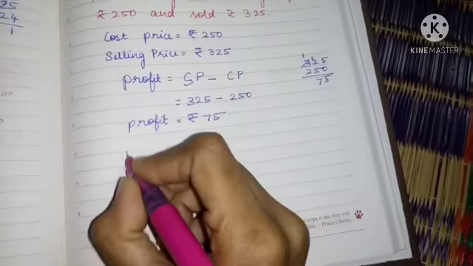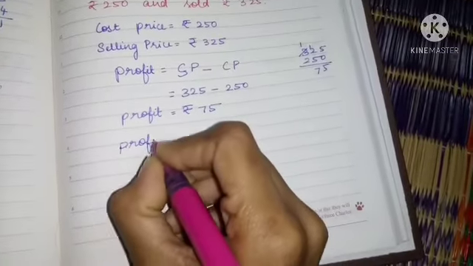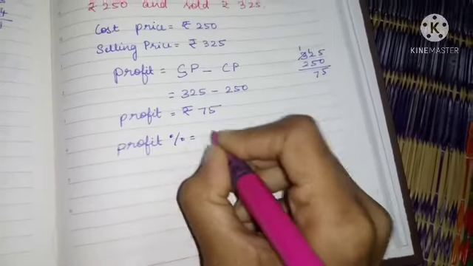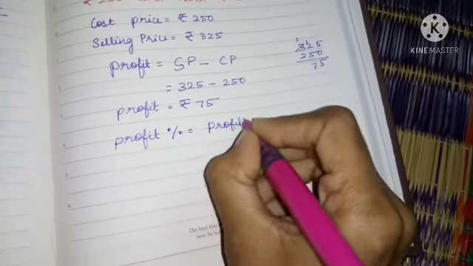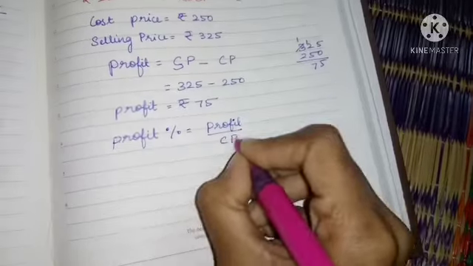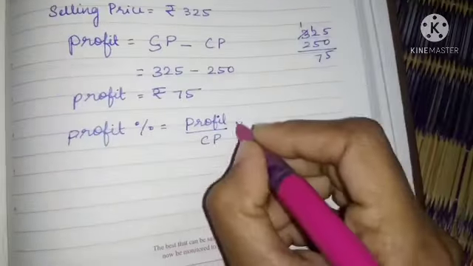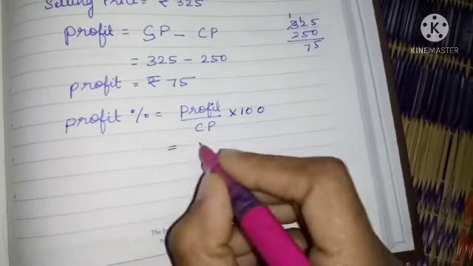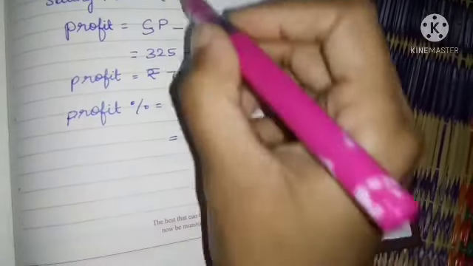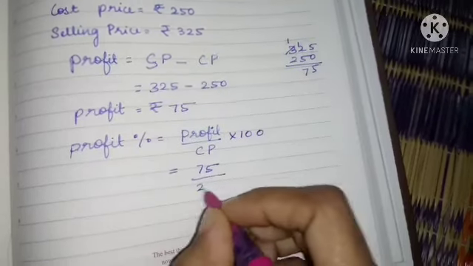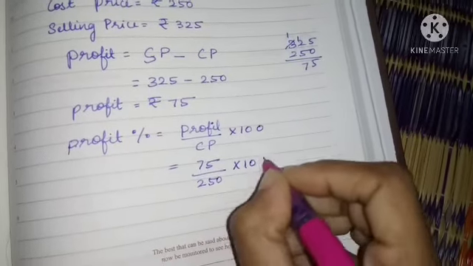What is the profit percentage formula? Profit percentage is equal to profit by CP into 100. What is profit? 75 rupees. Cost price 250 rupees into 100.